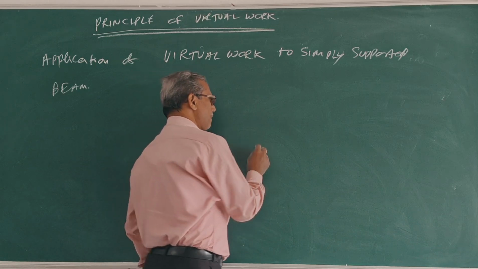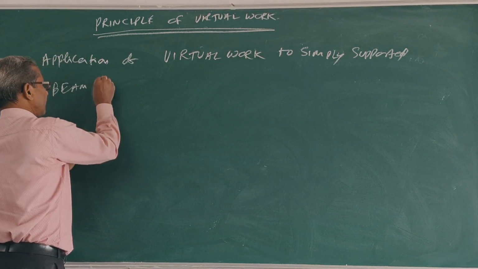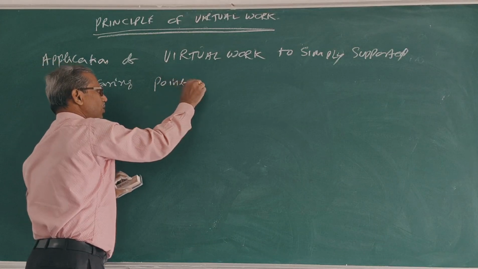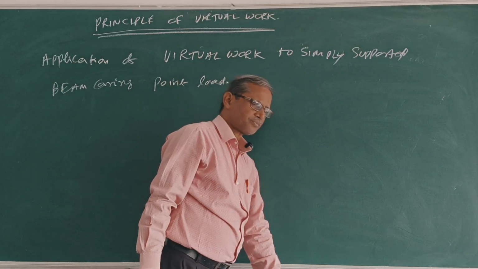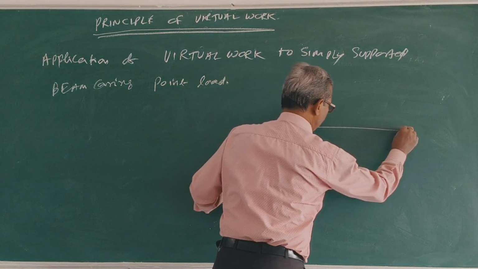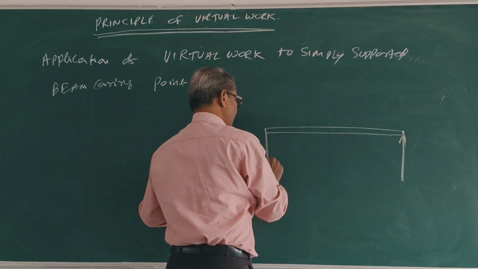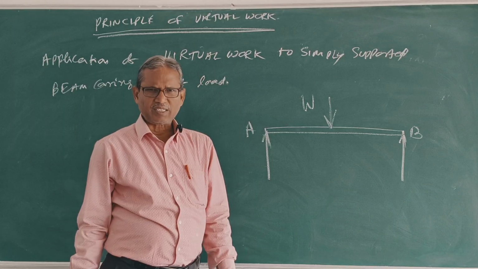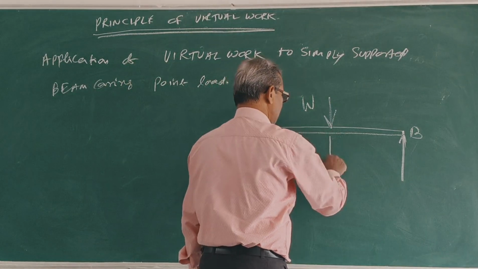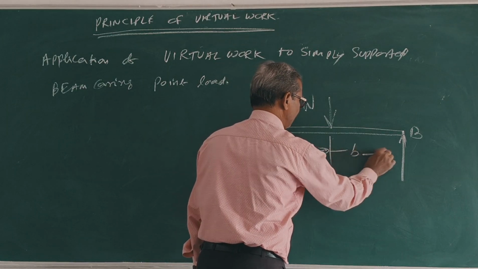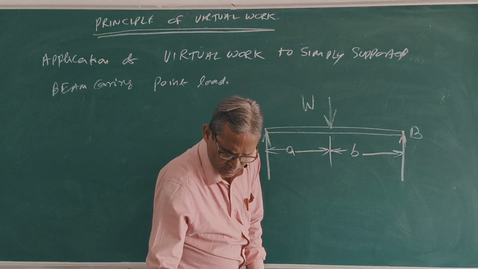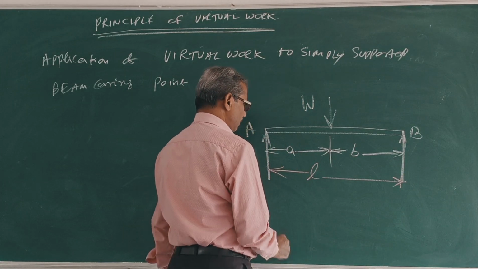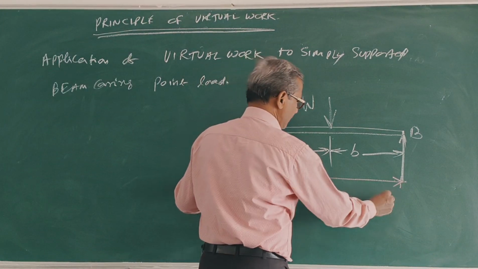Suppose a simply supported beam is carrying a point load W. Suppose this length is a, this length is b, and the total length is L. The question is to find the reactions RA and RB.